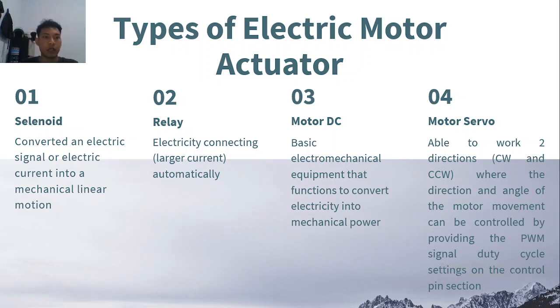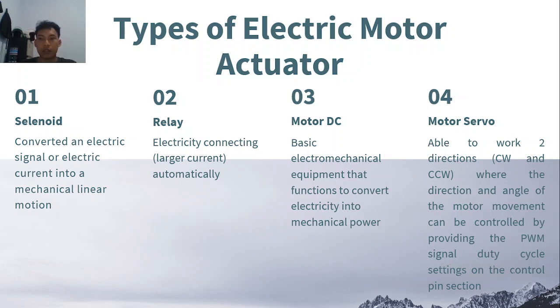The second discussion is the types of electric motor actuators. The first is the solenoid, which converts an electric signal or electric current into a mechanical linear motion. Number two is a relay, which connects large current automatically. Number three is the DC motor, a basic electromechanical device that functions to convert electricity into mechanical power.